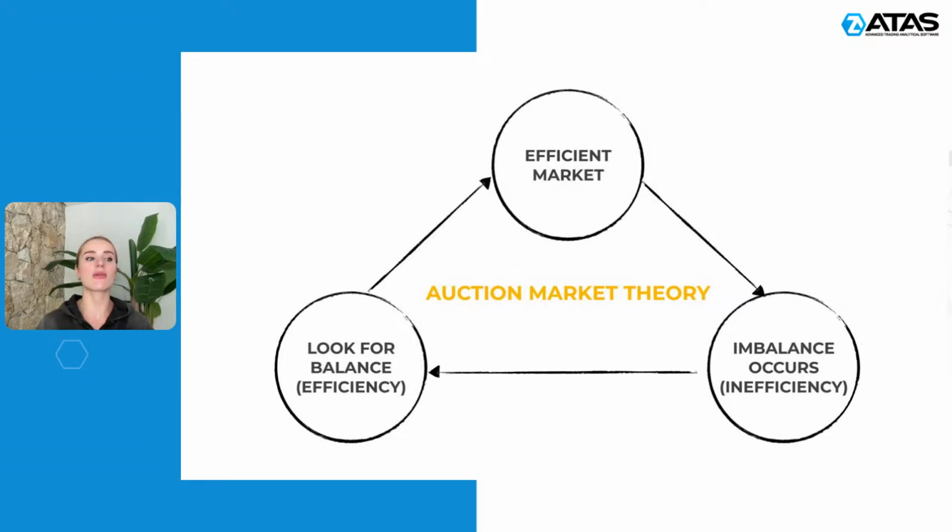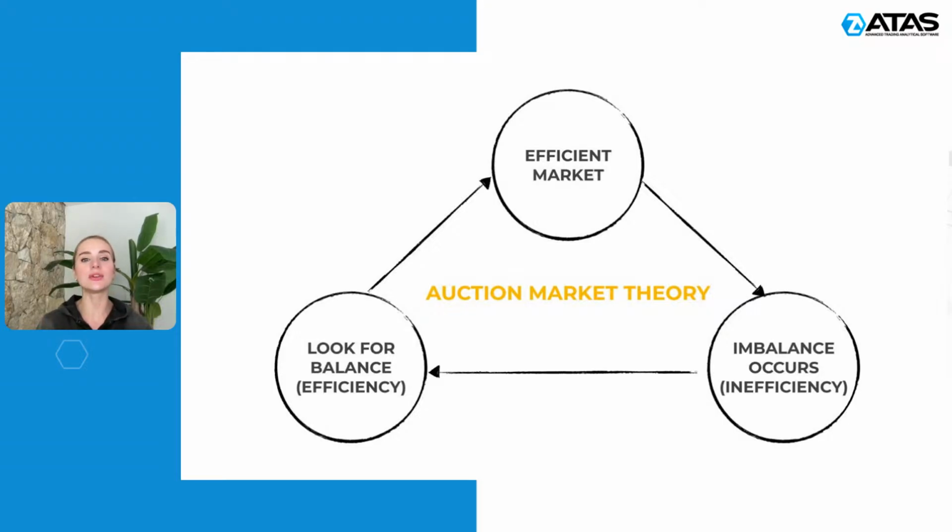So let's quickly summarize the auction market theory before we move on. First of all, the market is an auction where price either stays in balance zones, in the efficient zone, where there is a temporary agreement between supply and demand, between buyers and sellers, or breaks out into impulses to find the new balance.